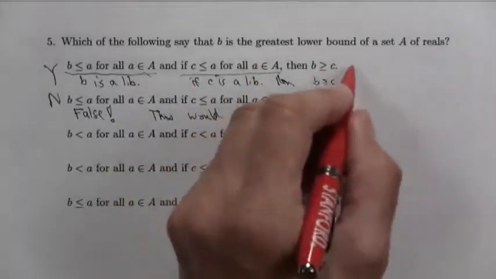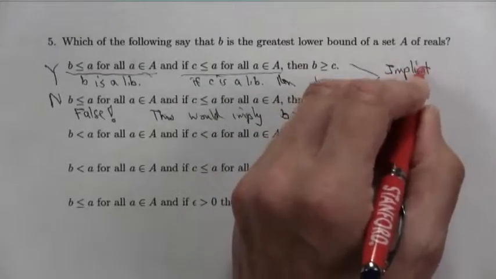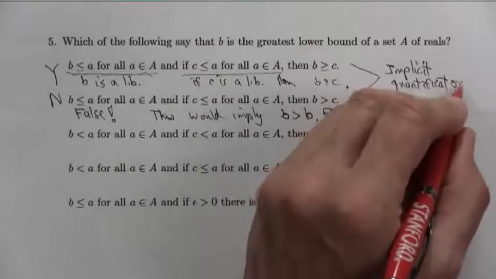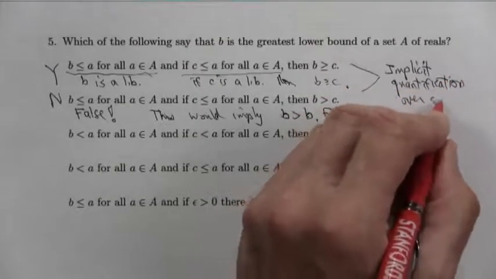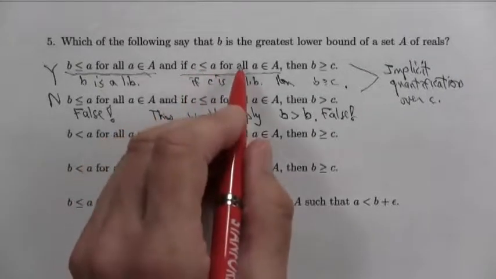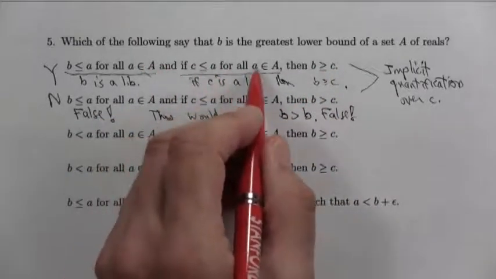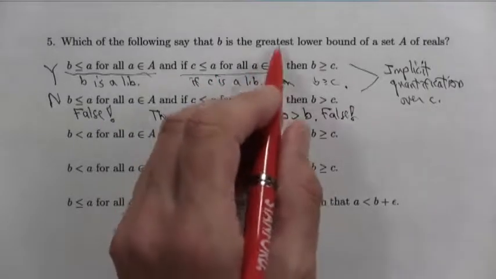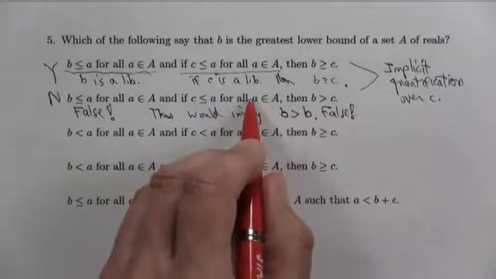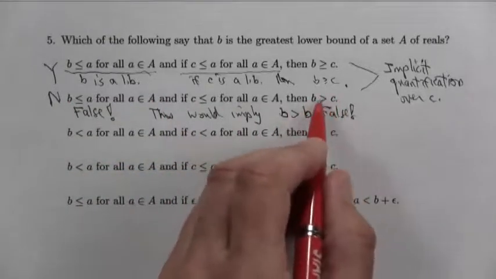Let me say a little bit more about this, because in both of these two cases, what's going on is we have implicit quantification. Quantification over C is implicit. This says for all C less than or equal to A, for all lower bounds C, B is at least as big as C. In the first case, because it was talking about for all lower bounds, it actually captured greatest lower bound for B. In this case, because it's talking about for all lower bounds, it includes the original lower bound B, and that would mean that it has to be bigger than itself.